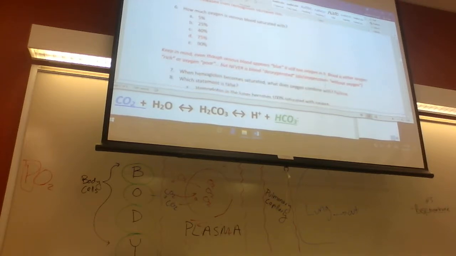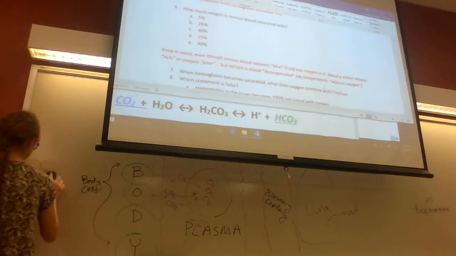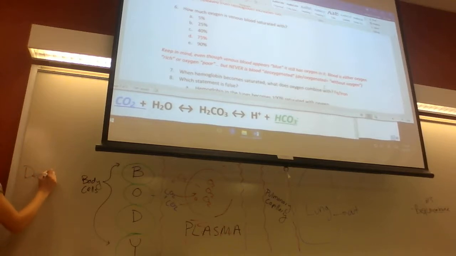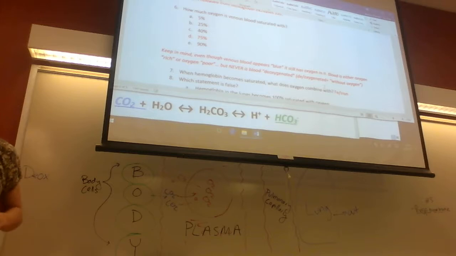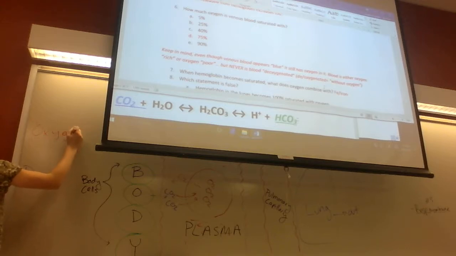So, but that's that. So the next portion of this, how much oxygen is in the venous blood? How much are those red blood cells in the venous blood saturated with oxygen? 75%. So oxygenated blood has 100% oxygen in it.